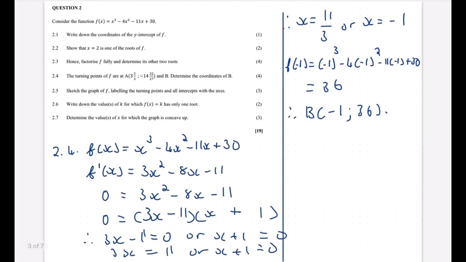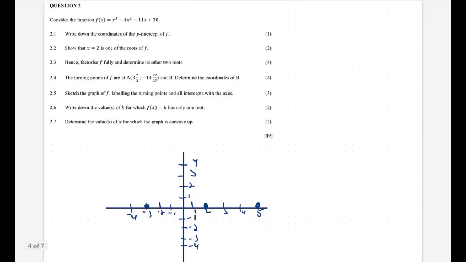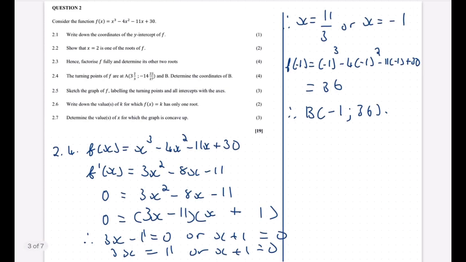Those are the x-intercepts. And we found the y-intercept to be at 30. I'm just going to go ahead and do this. And I'll say somehow here we get to 30. There's a y-intercept there.